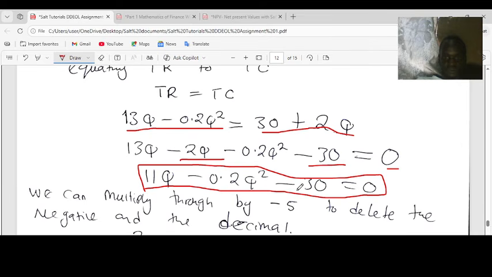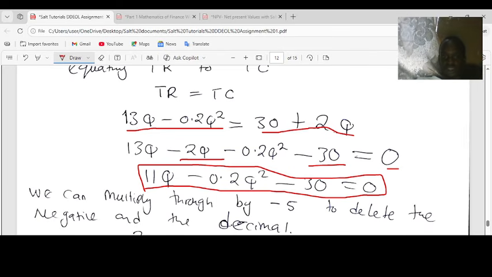You can use any method you feel like using. Sometimes you can even use the formula method, because you are using calculators. Find the value of Q using the formula method: Q equals negative B, plus or minus the square root of B squared minus 4AC, all over 2A. If you are able to use factorization, use factorization. If you are able to use completing the square, use that.